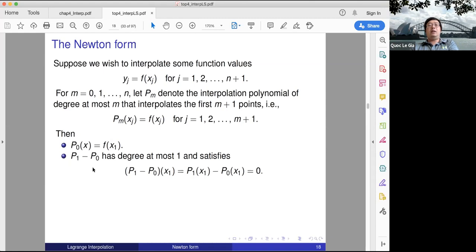Now it becomes interesting. So P1 minus P0 has degree at most 1 and satisfies this interpolation condition, yeah? So it satisfies P1 of x1 equals P0 of x1, yeah?